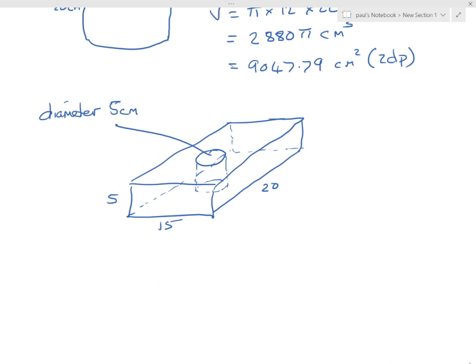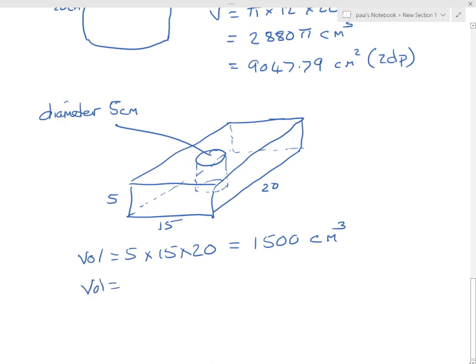Okay, so the volume of the cuboid is equal to 5 times 15 times 20, and that equals 1,500 centimeters cubed.